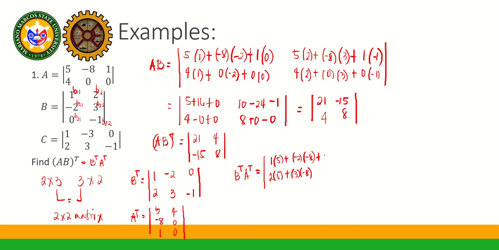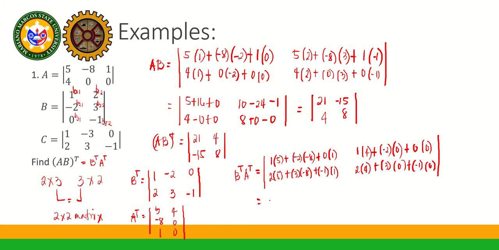And then plus 0 and then negative 1 multiplied by 1. And for our second column, we have 1 and 2 multiplied by 4 plus negative 2 and then 3 multiplied by 0. And then for our third column, we have 0 plus negative 1 multiplied by 0.